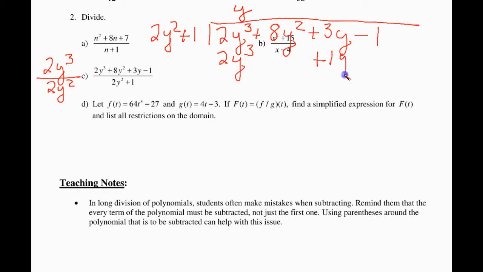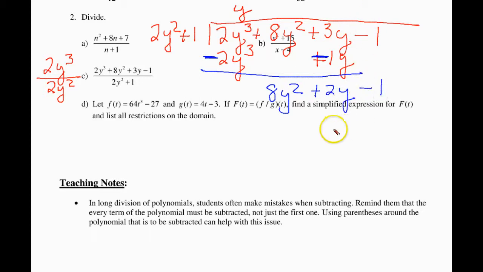This is a 1y. Now, notice what happens here. We're going to draw our line to subtract, change the signs, and this then becomes 8y squared. This is going to become a plus 2y, and you bring down the minus 1.